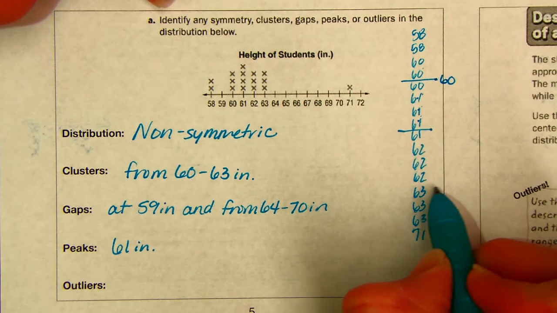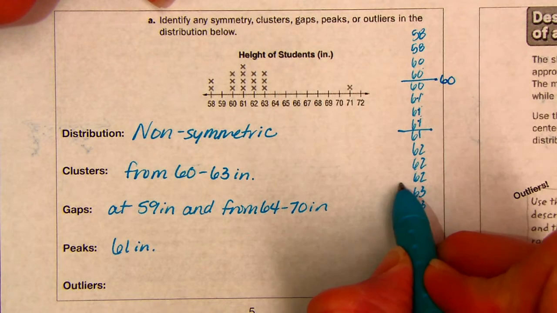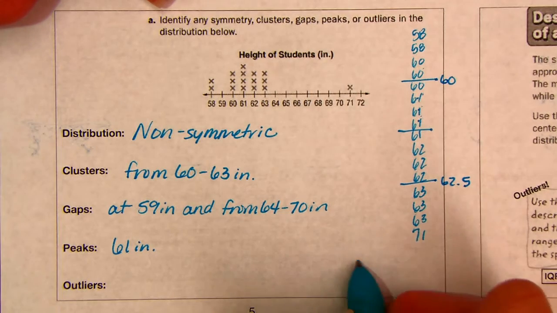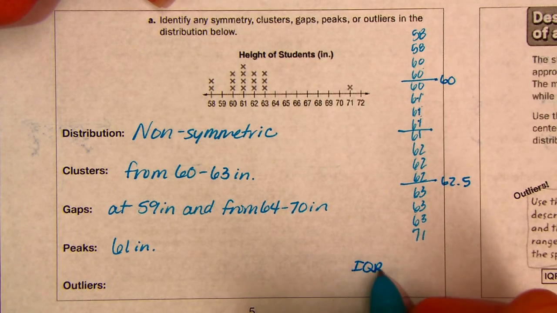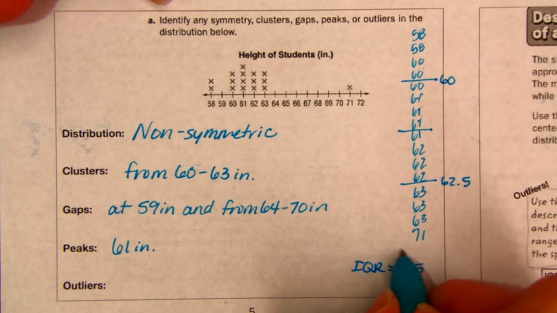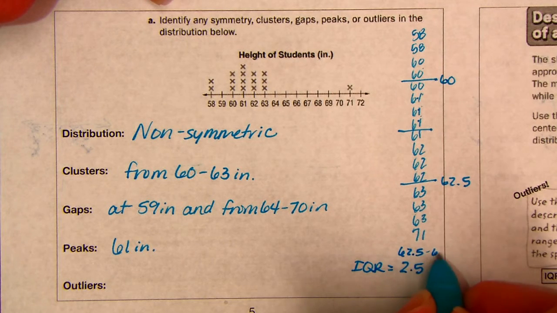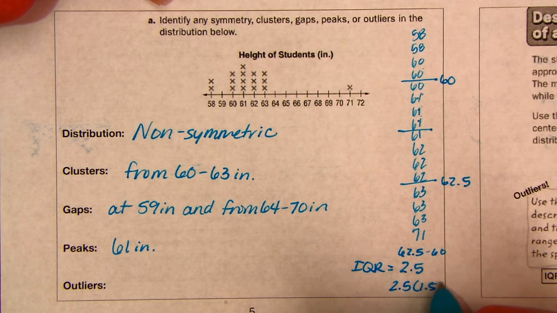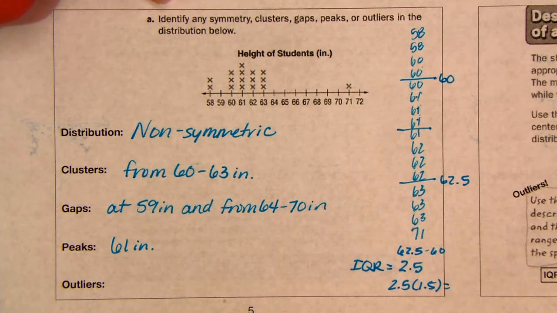So my interquartile range is 2.5, because it's 62.5 minus 60. I'm going to take that times 1.5, which is 2.5 times the 1.5 gives me 3.75.